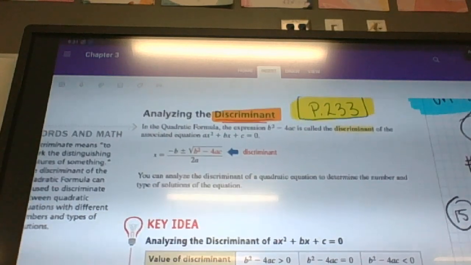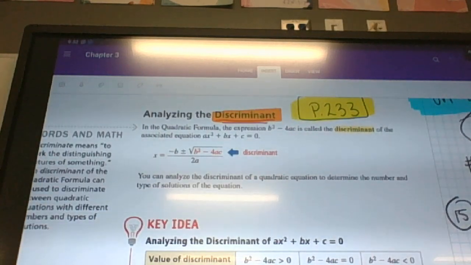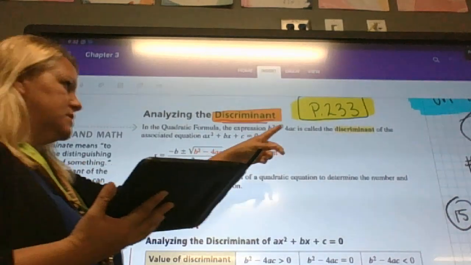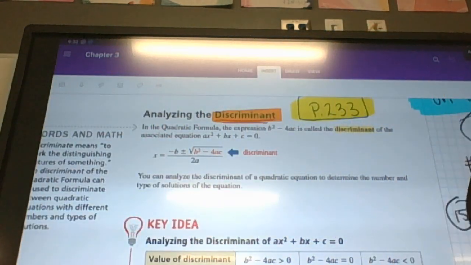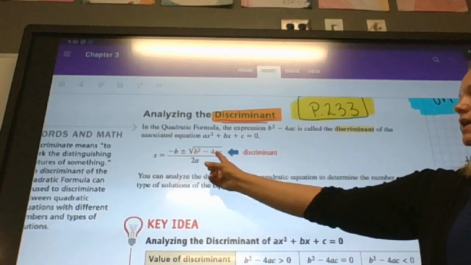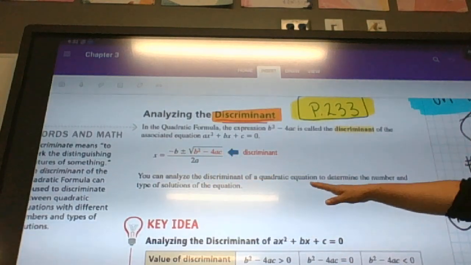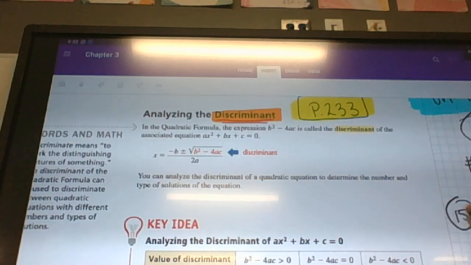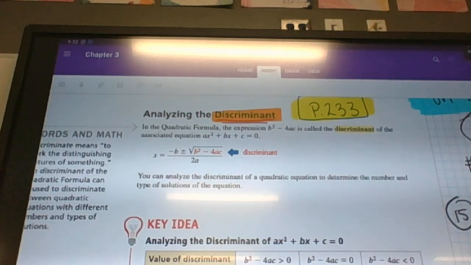Page 233. In the quadratic formula, the expression b squared minus 4ac is called the discriminant. Let's read it and write it. So they've highlighted this in red. You can analyze the discriminant of a quadratic equation to determine the number and types of solutions.